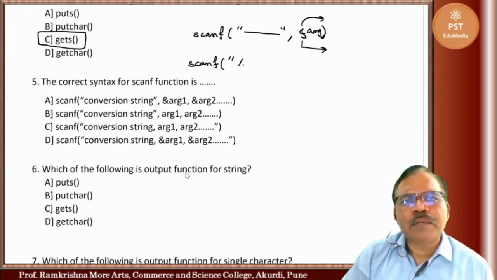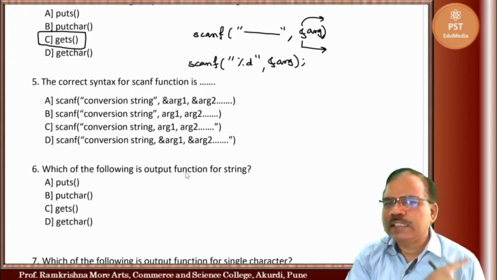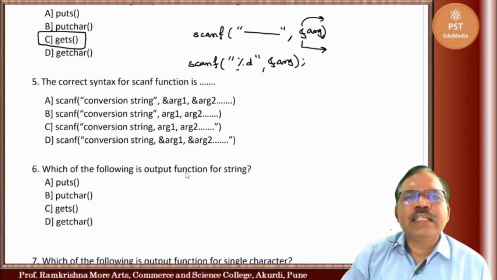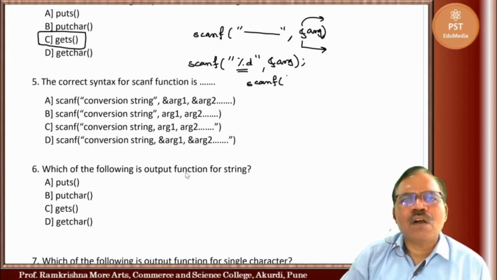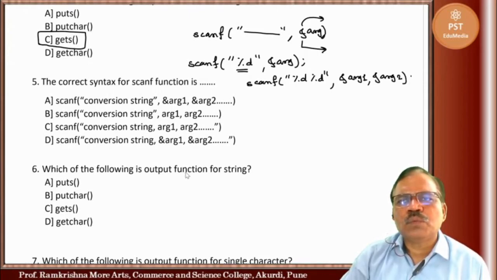So here in general you can have scanf. You can write %d and the argument like this. So you can take a single argument. Percent d is the conversion character for the integer data type. You can take a number of inputs simultaneously: %d, %d, and then comma, and you can take argument 1 and argument 2 like this.